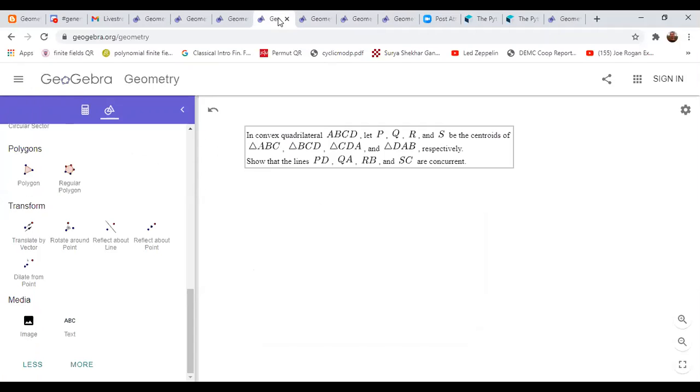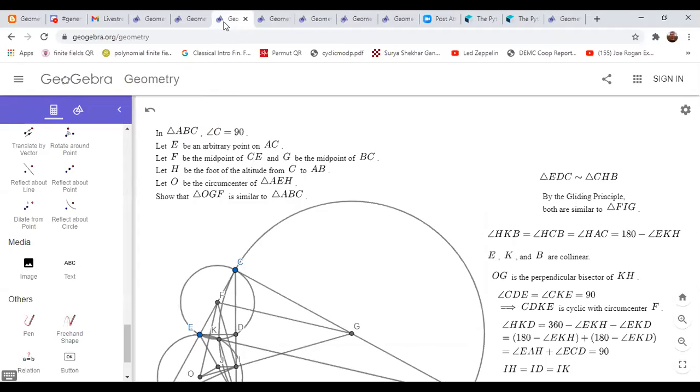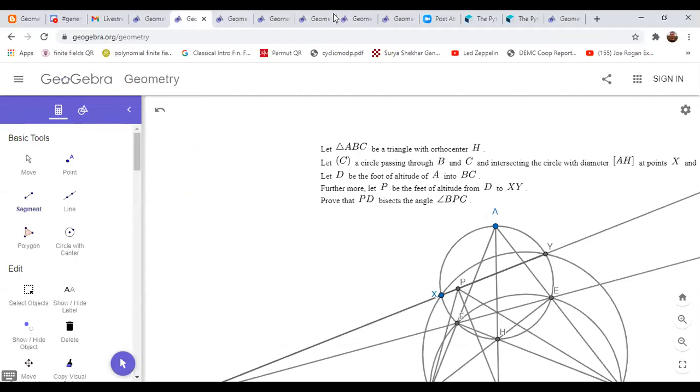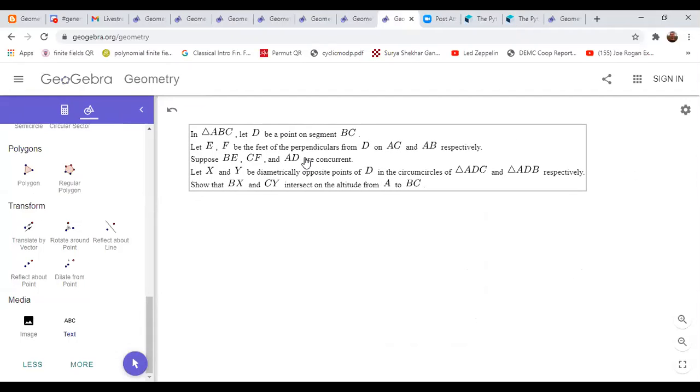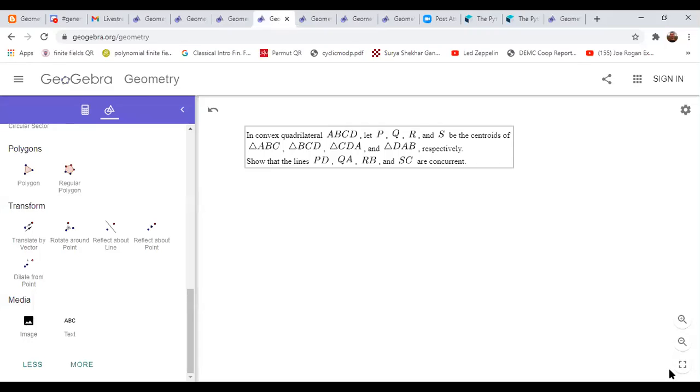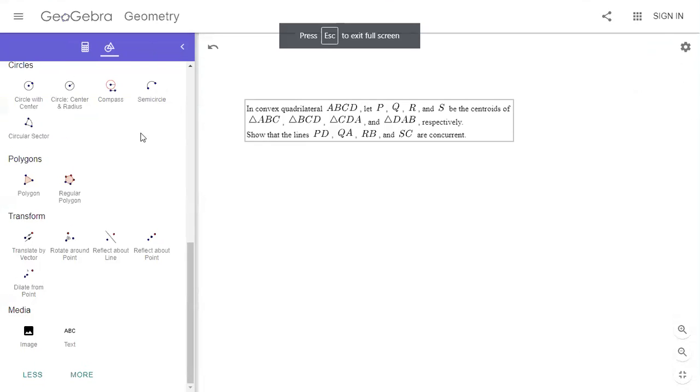As you wish. Maybe one. All right. Let's see. Oh, this one Rom showed me before, actually. But I think the only one we haven't done is this. Let's see if it's quick.